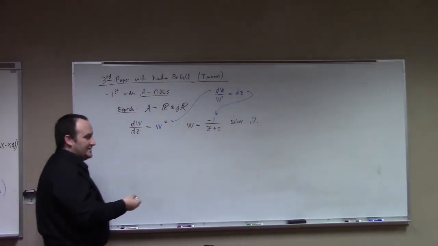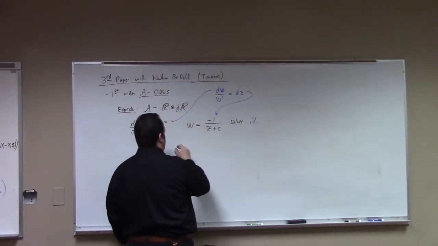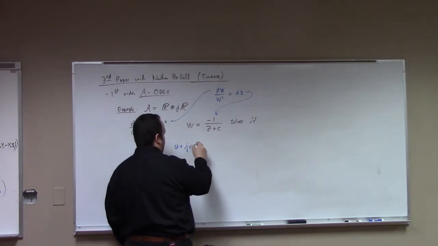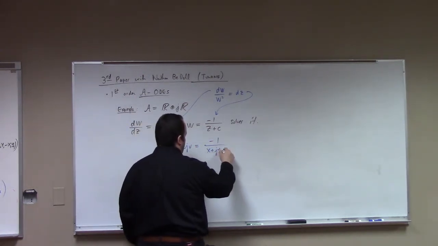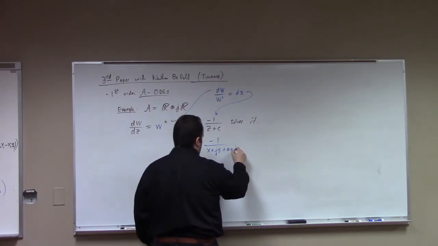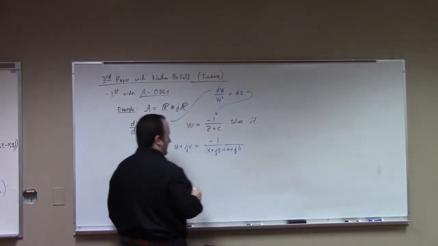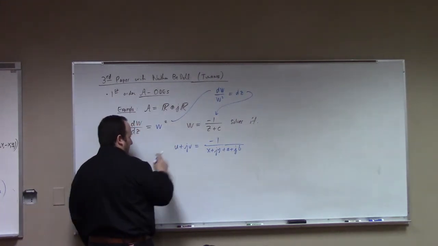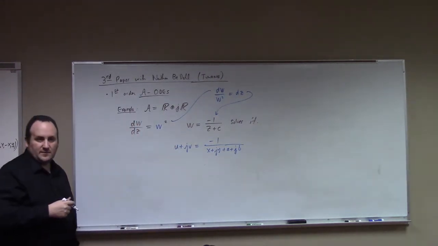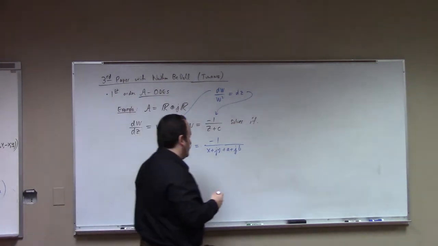But the thing that's neat is that this is really u plus jv equals minus 1 over x plus jy, plus a plus jb, right? And since this is hyperbolic numbers, I don't have to really sweat it that much. I know how to reciprocate by multiplying by the conjugate.